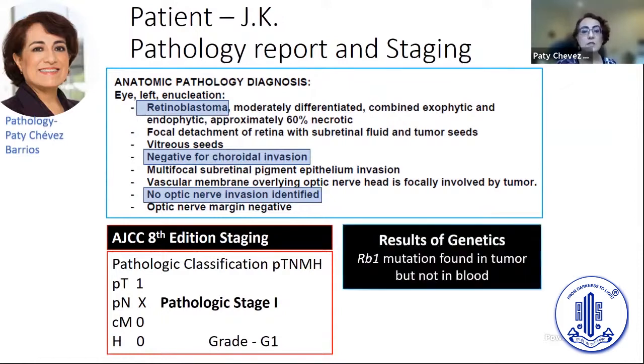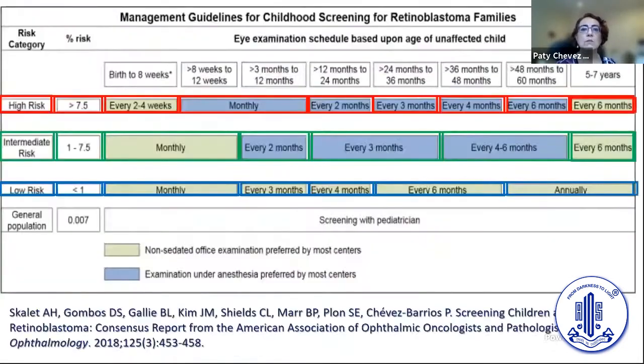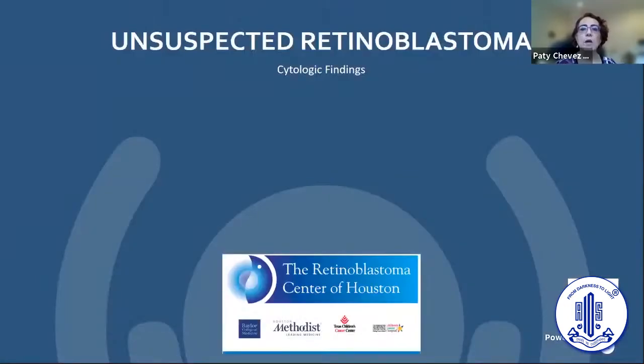The final stage is 1. And of course, we now include the H part, which is the hereditary. In this case, it was 0 because the study came back negative. And then in the interdisciplinary approach, we also counsel the patients genetically following these guidelines.